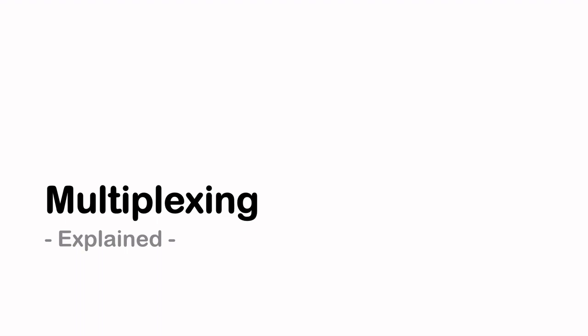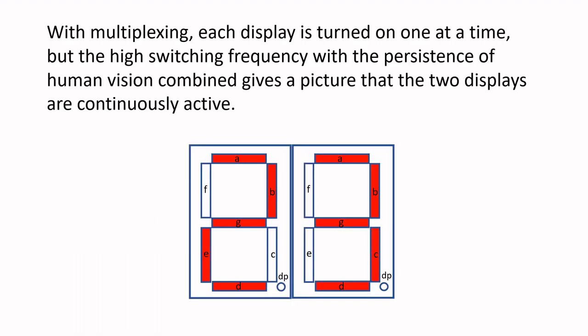So what is multiplexing? With multiplexing, each display is turned on or switched on one at a time. But if the switching frequency is high enough, with the persistence of human vision combined, it gives an illusion that the two displays are continuously active.